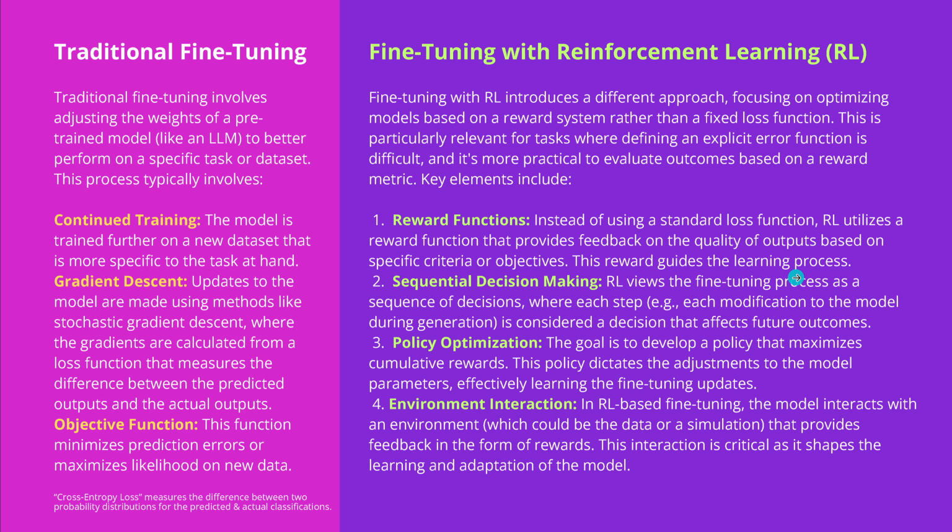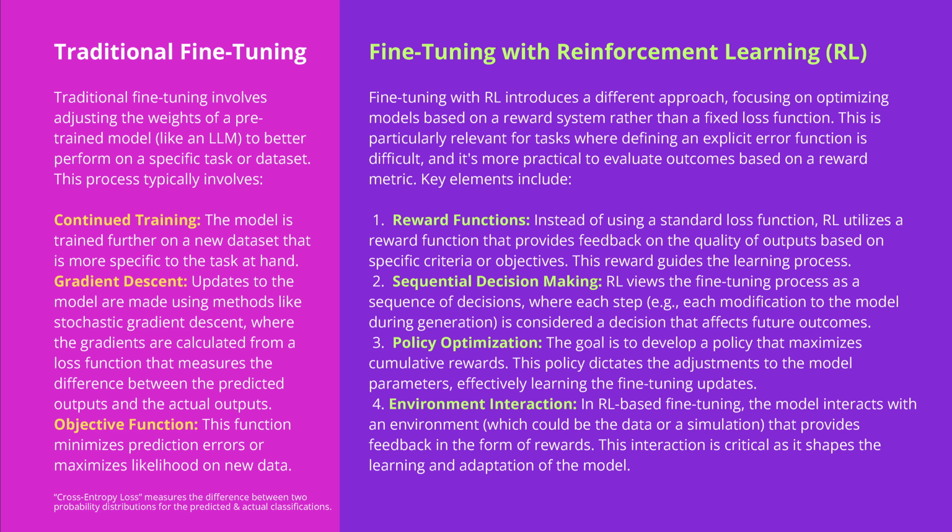Reinforcement learning views here the fine-tuning process as a sequence of decisions where each step, so this means each single modification to the model during the generation, is now considered a decision that affects the further outcomes. And as you know, in reinforcement learning, the goal is to develop a policy that maximizes the cumulative reward for the system.